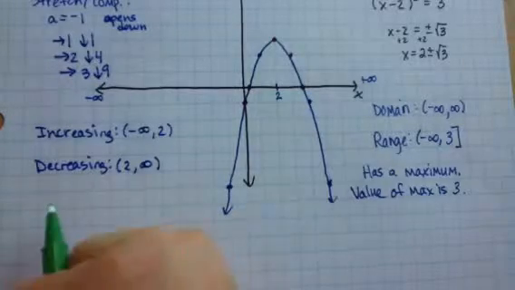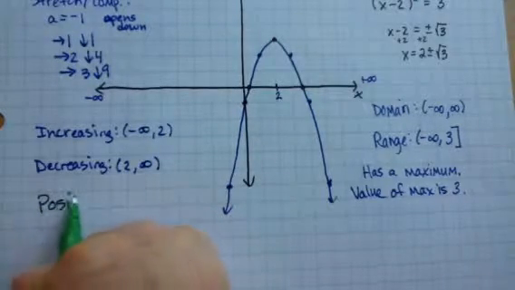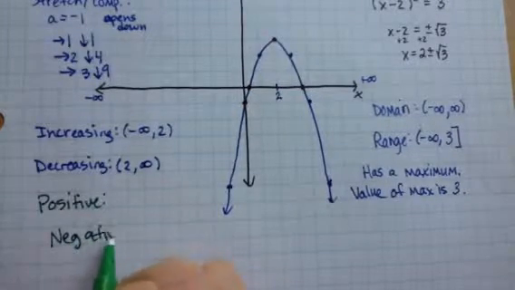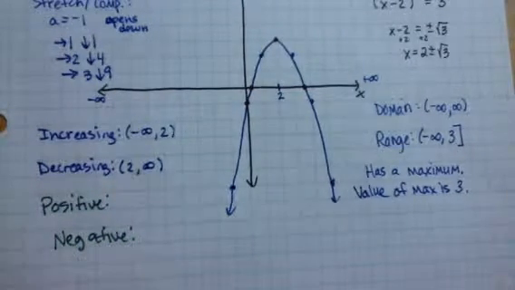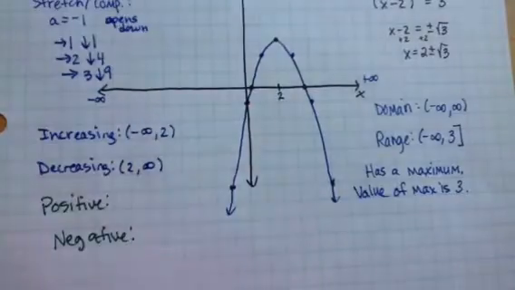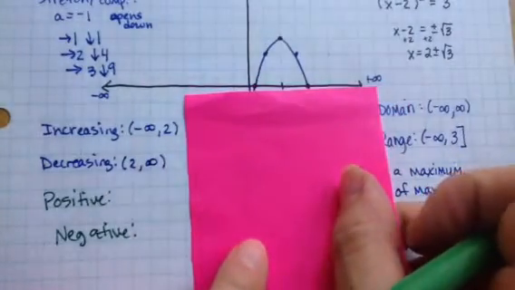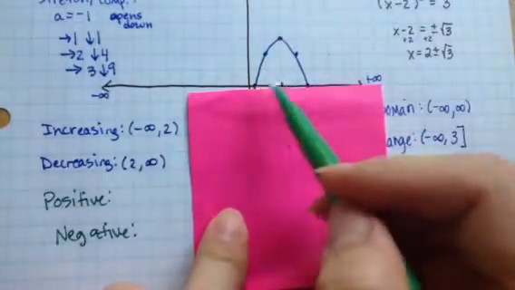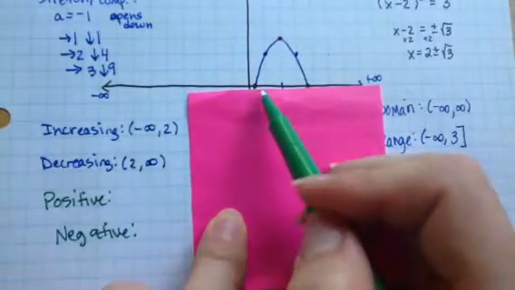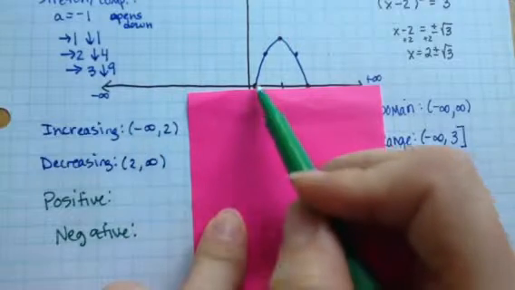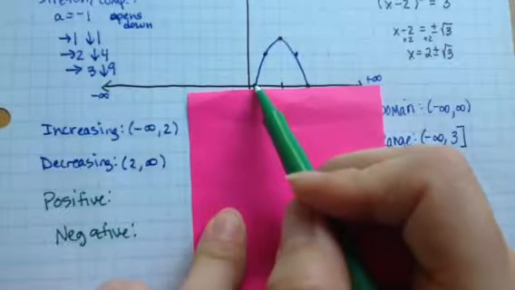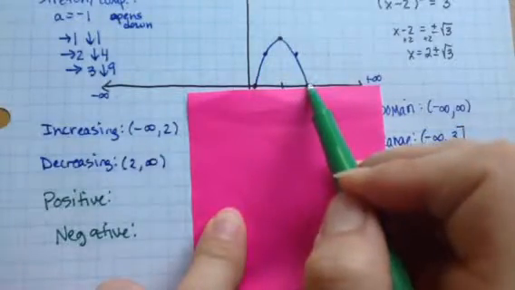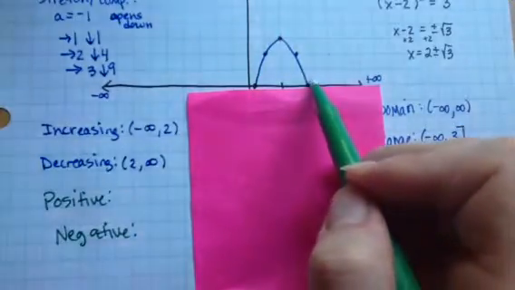Positive and negative. Positive means above the x-axis. Negative means below the x-axis. So if we look at where this graph is above the x-axis, or positive, it is above the x-axis in between these two x-intercepts. So it's positive from this x-intercept, which is approximately 0.3, all the way over to this x-intercept, which is approximately 3.7.